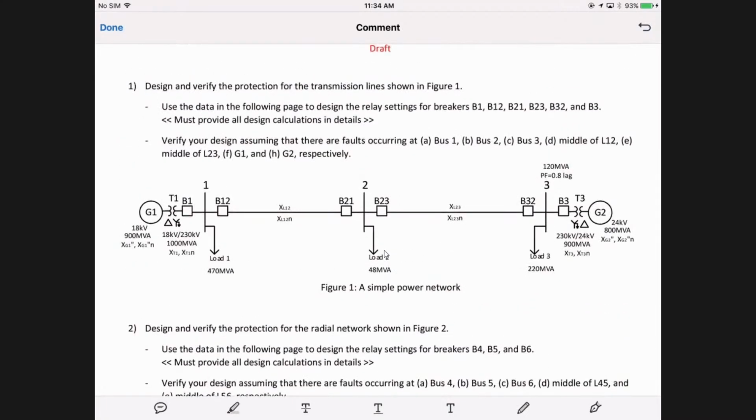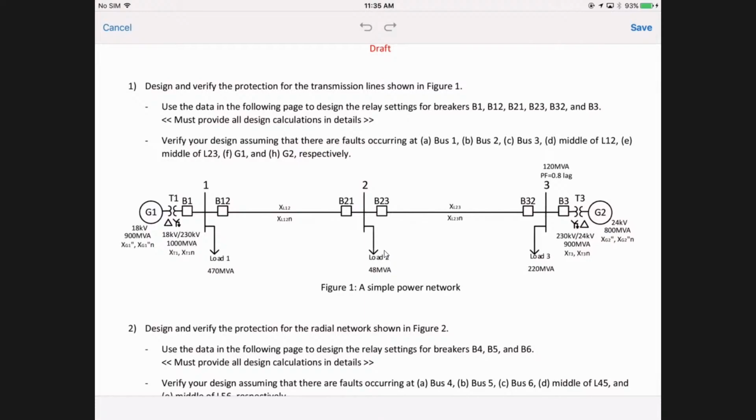Now, first, in your last course, in your last 746, you tried to put everything into per unit, because of the convenience of calculation. In per unit, you don't need to worry about the turns ratio of the transformer, because after you define the base, the turns ratio is already taken care of.